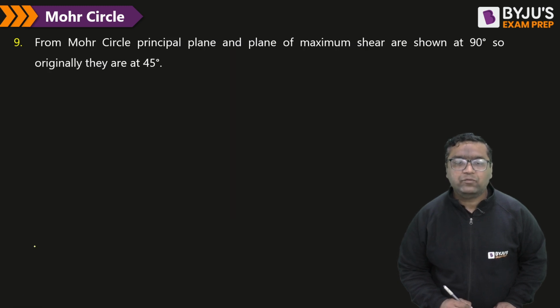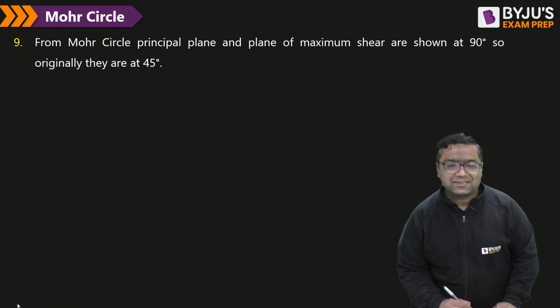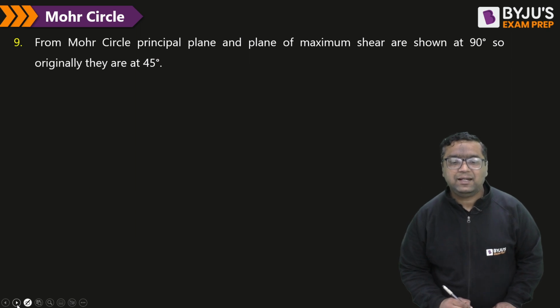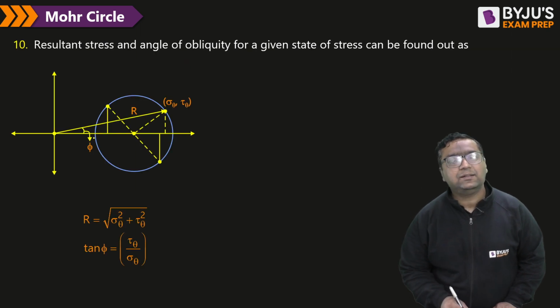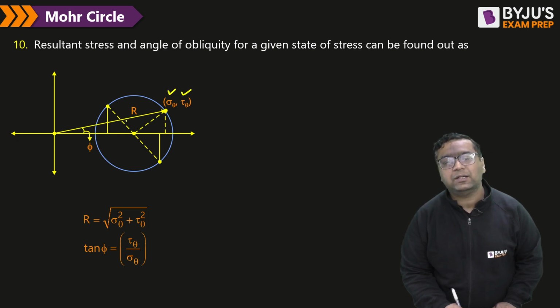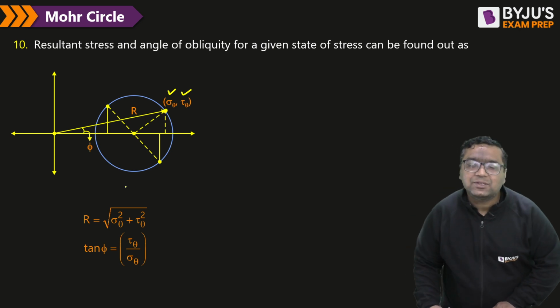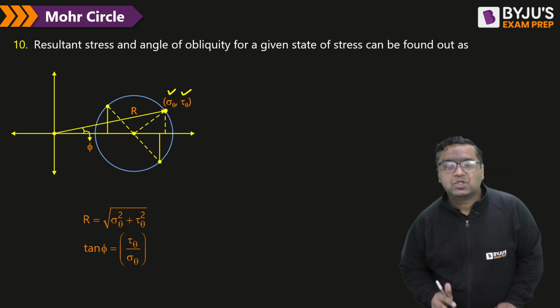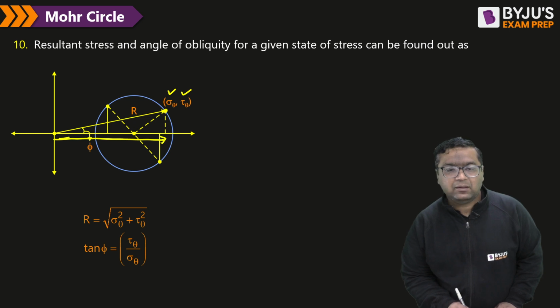Now we are moving to the last point, that is related to finding out the resultant stress. Like in this Mohr circle, you know this point is represented as sigma theta and tau theta. All the dimensions are measured from the origin. So you know that this distance will be sigma theta and this distance will be tau theta.